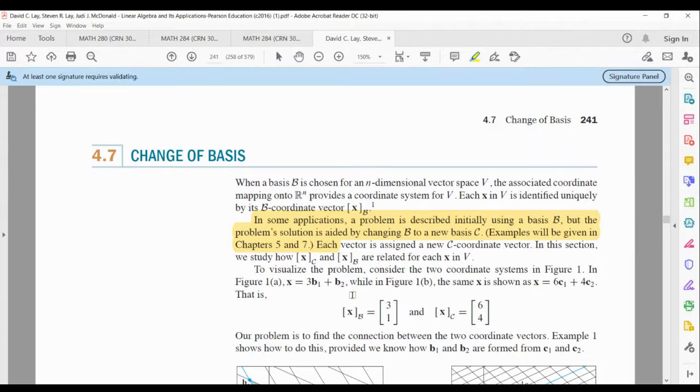Okay, so in some applications, a problem is described initially using one basis, but then the solution is aided by changing that basis to a new basis, C. So you have script D and script C, two bases. And you already learned how useful different bases can be when you studied the coordinate systems in section 4.4.